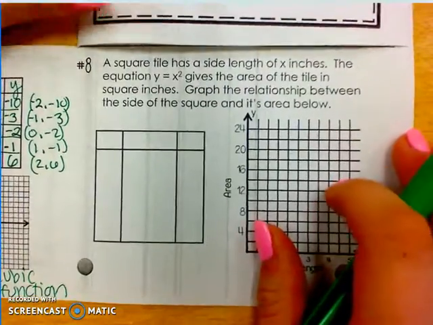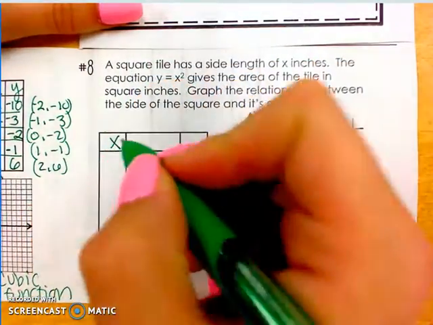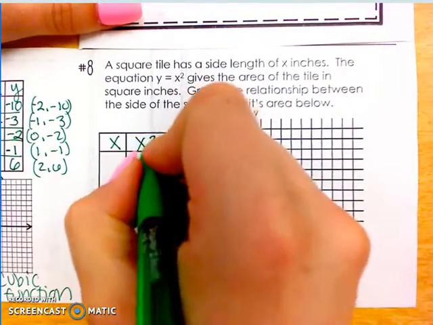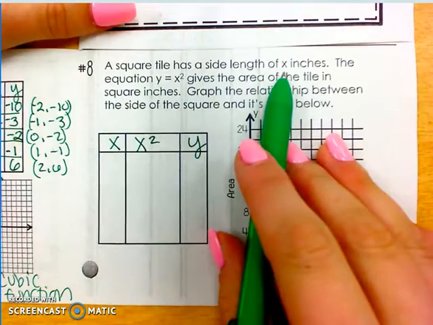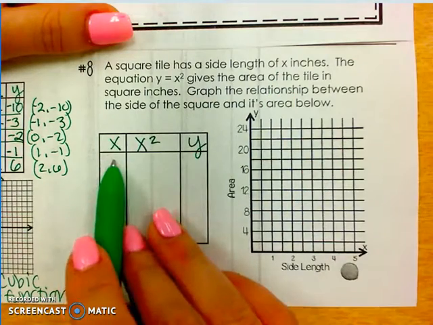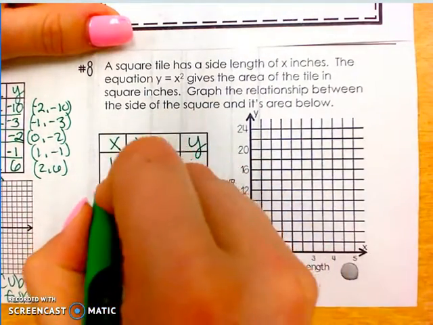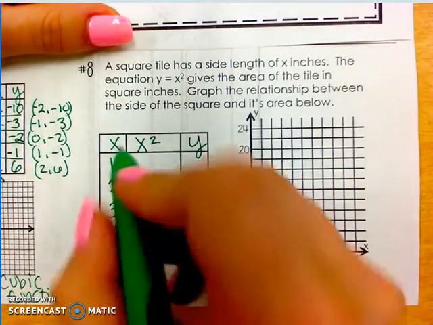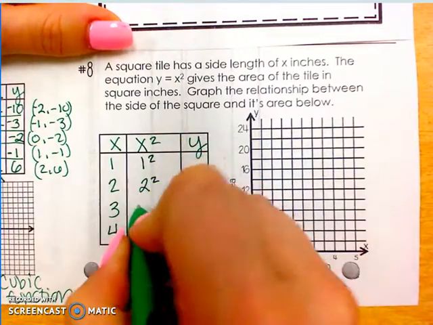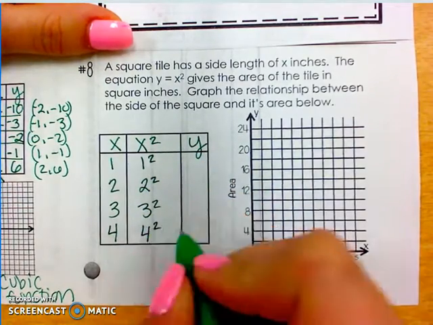And then number 8, you should be able to try on your own. We have square tiles and side lengths. I can't have 0 or negative side lengths, so I'm going to start with 1. And I'm going to substitute it in for x: 1 squared, 2 squared, 3 squared, and 4 squared.